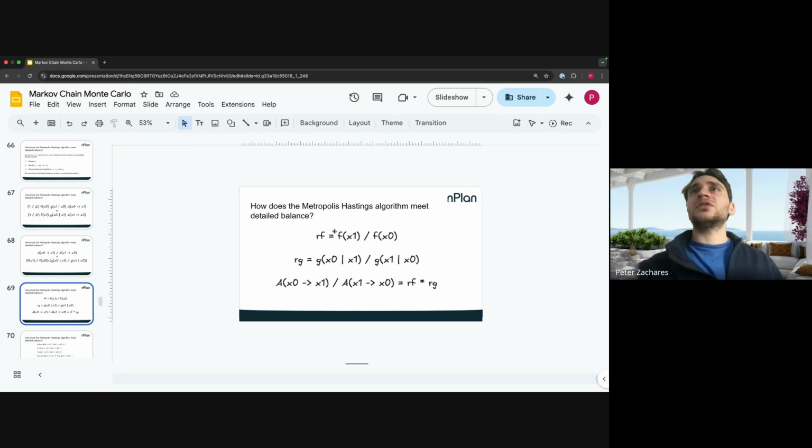We can do some substitution. Let's say rf is equal to this fraction, and rg is equal to this fraction. And then we can just notice that the acceptance probability fraction is equal to rf times rg.